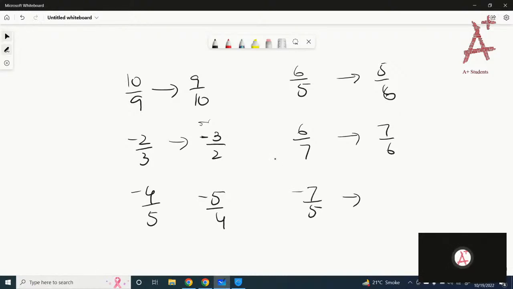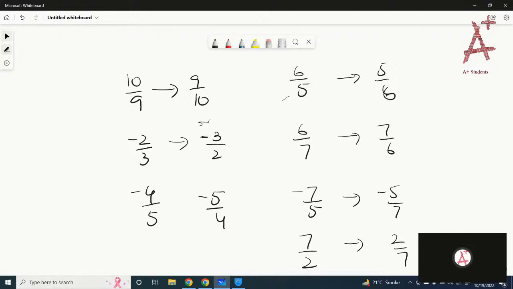The multiplicative inverse of negative 7 over 5 is negative 5 over 7. Got it? Okay, the next one is, what is the reciprocal of 7 over 2? So the reciprocal of 7 over 2 is 2 over 7. Got it?